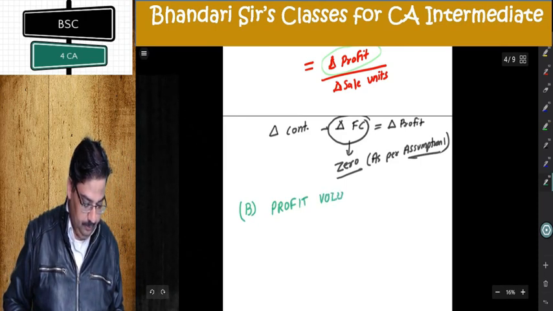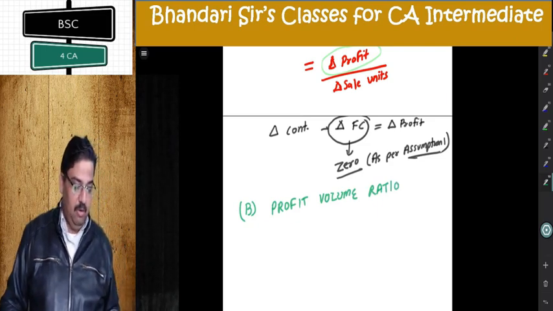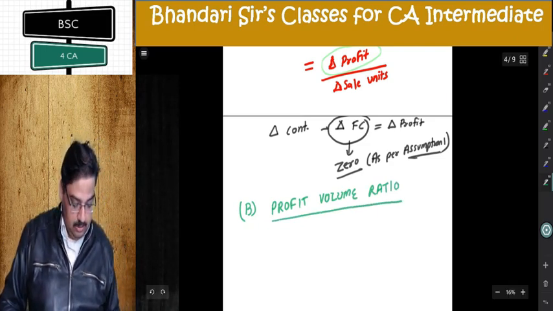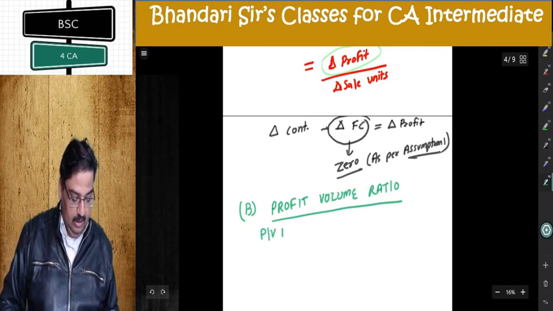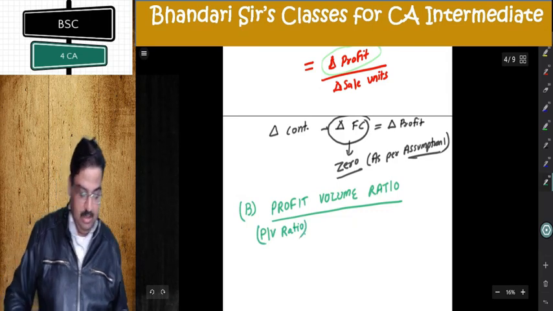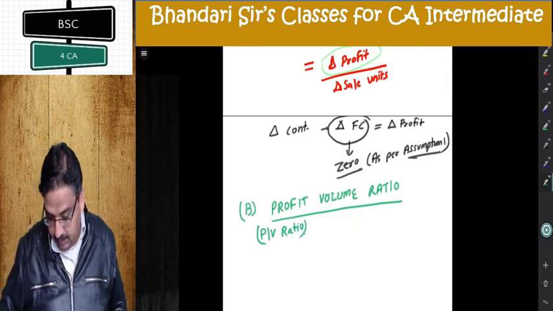Profit volume ratio. There are many names given to this. You may note all the names. One is clearly PV ratio. Very simple. It is a short form of this.